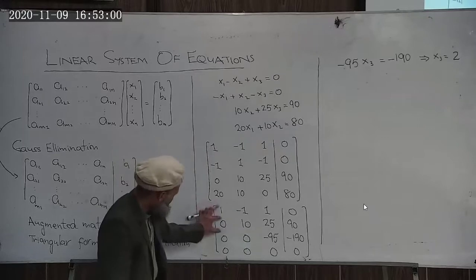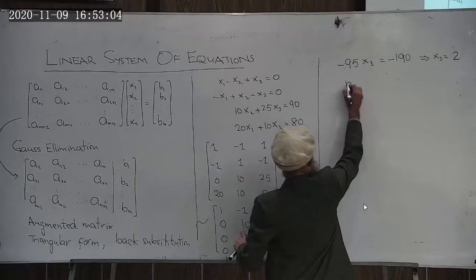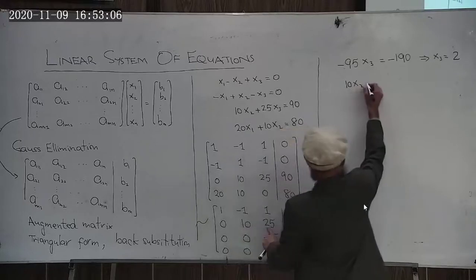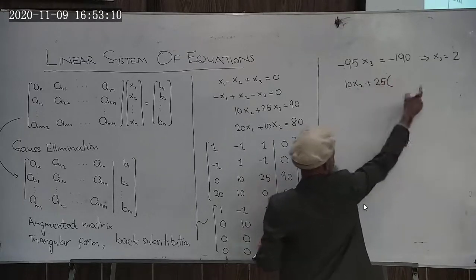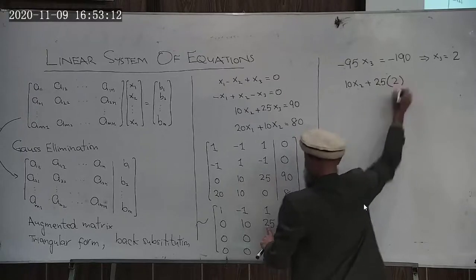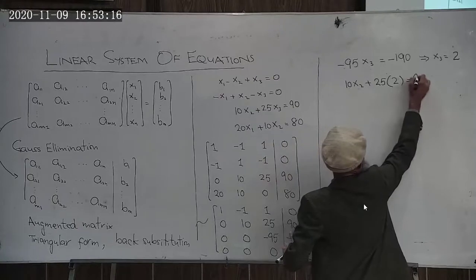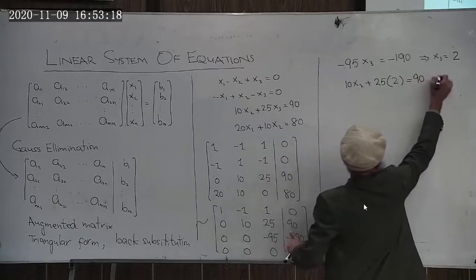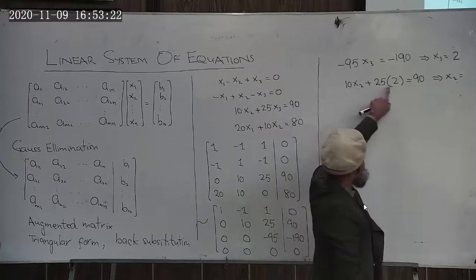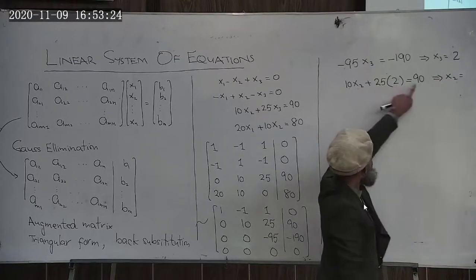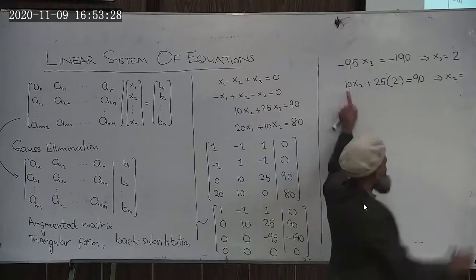From the second row, we have 10x2 plus 25x3, and x3 we have found, that is 2, and the right hand side is equal to 90, which implies what is x2? So here is 50, 90 minus 50 is 40, 40 divided by 10 is 4.